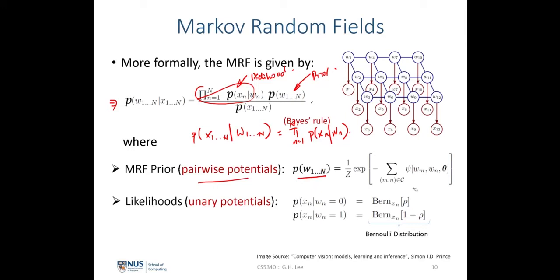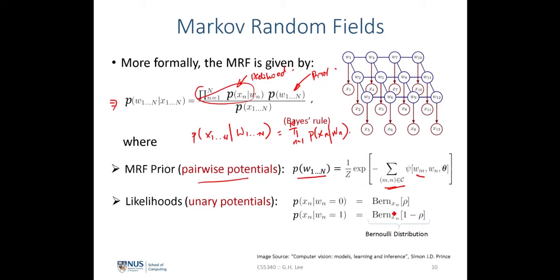For each one of these random variables wn, we are going to consider all its nearest neighbors, or the neighbors that are in the clique of wn, where wn and wm over here all belong to the same clique. We are going to form all the pairwise potentials in the Gibbs distribution over here.